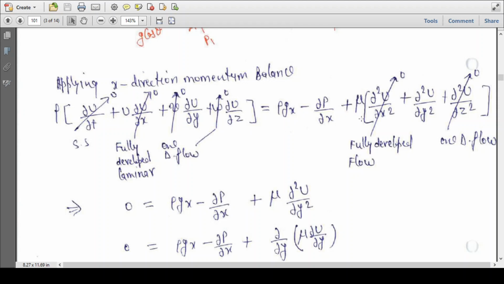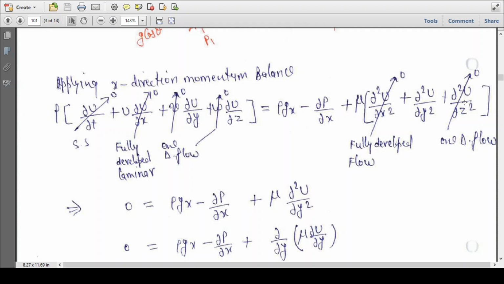On the right hand side, this term is non-zero, and this is also non-zero. Now this term, del square u upon del x square, is again 0 due to fully developed flow conditions. Now for del square u upon del z square, the x velocity variation due to the z coordinate is not much as compared to del u upon del y, because delta y is significantly low as compared to delta z.